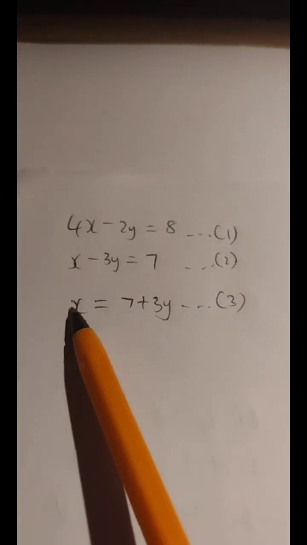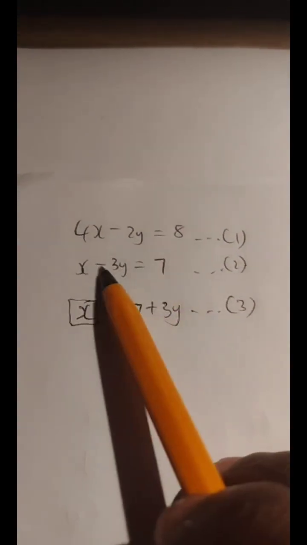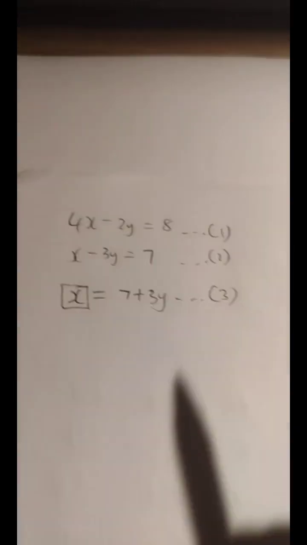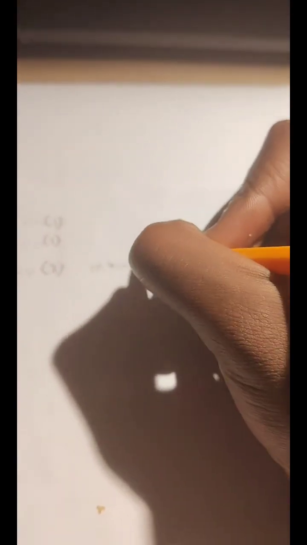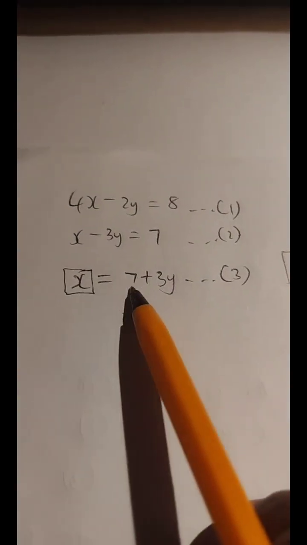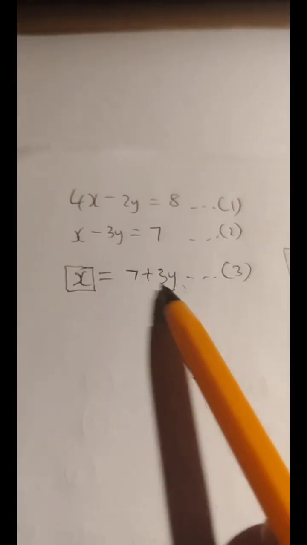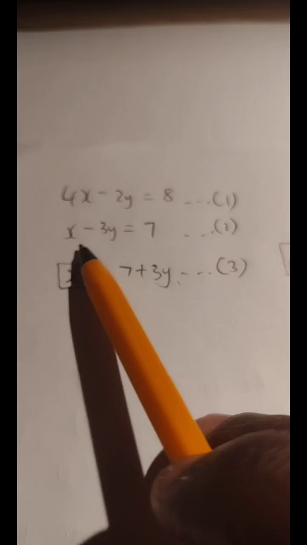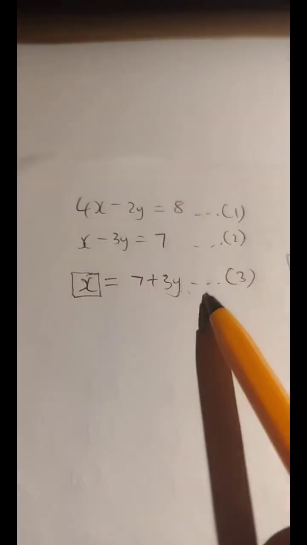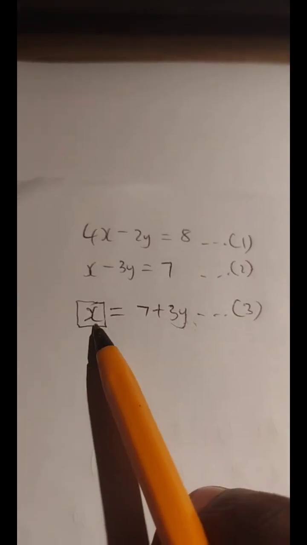Equation 2 is now written with x being the subject, and I'm writing this equation in terms of y, because x is in terms of y. Your second term has a y in it, so we say that this equation is written in terms of y.